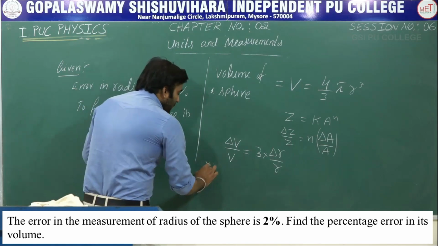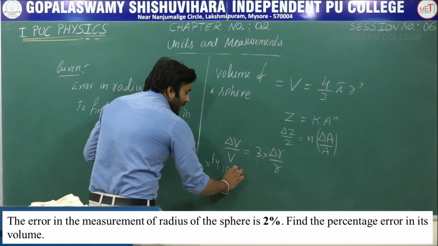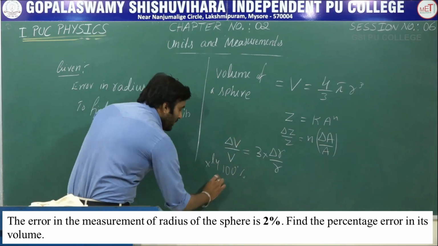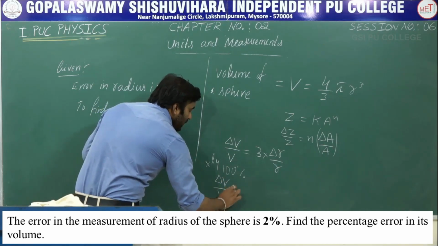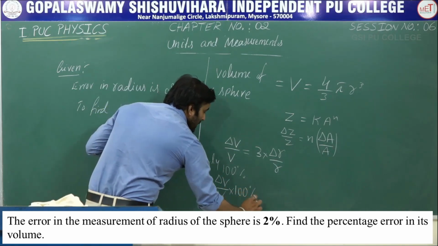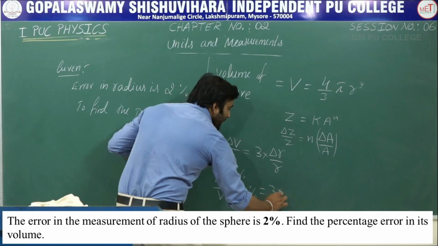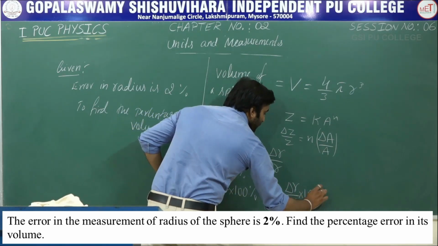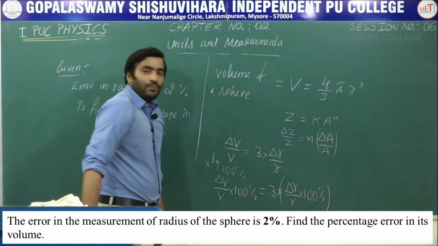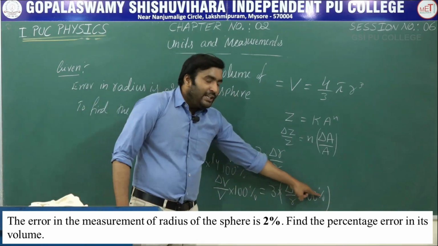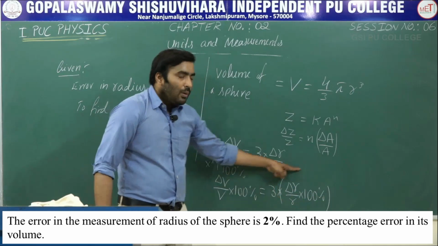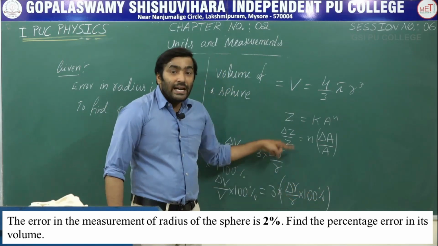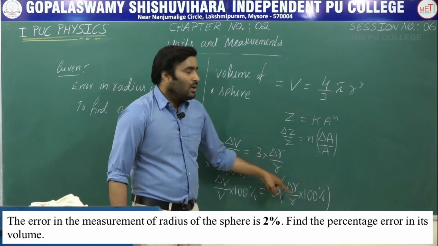Now multiply 100% in order to get a percentage error. So delta V by V into 100% is equal to 3 into delta R by R into 100%. Now if you look at this, delta R by R into 100%, which is nothing but the percentage error in the measurement of a radius.